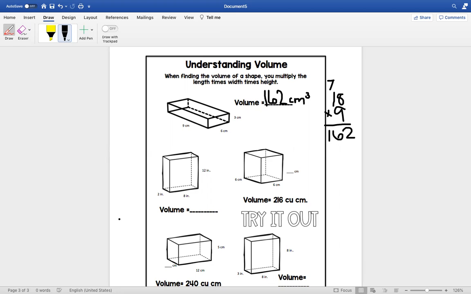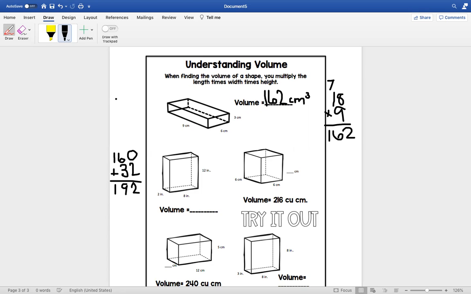That's going to be easier for me because I already know that 20 times 8 is 160. And then I have to do 4 times 8, which we know is 32. Great job, guys. So I can add these numbers together, and when I do that, I get 192.